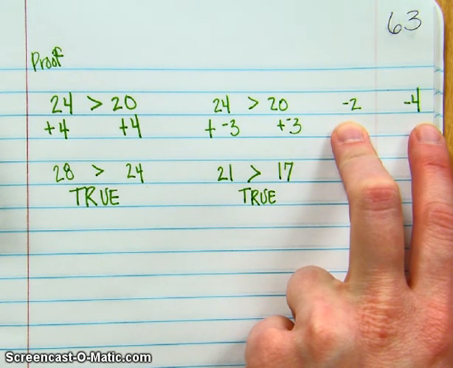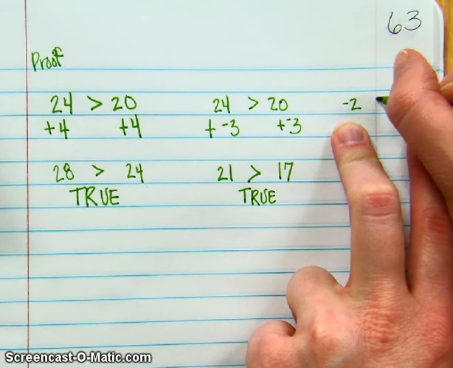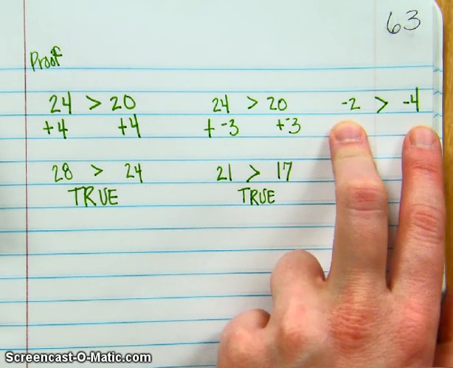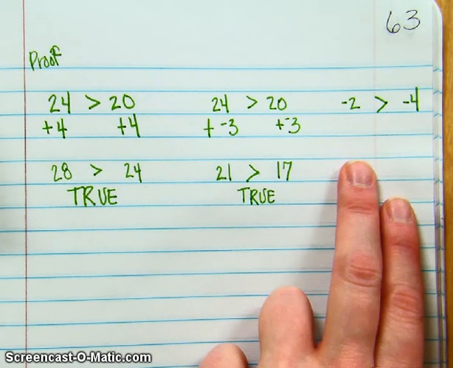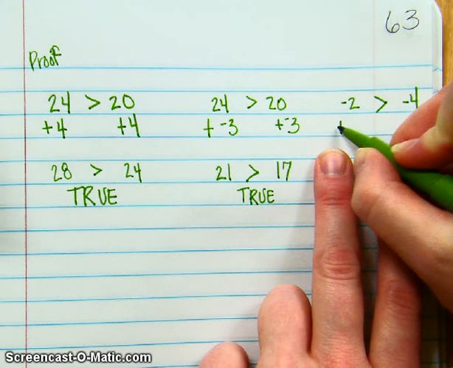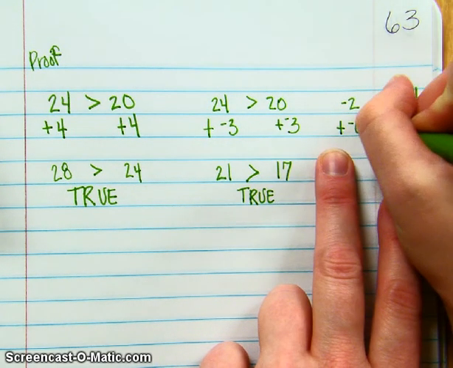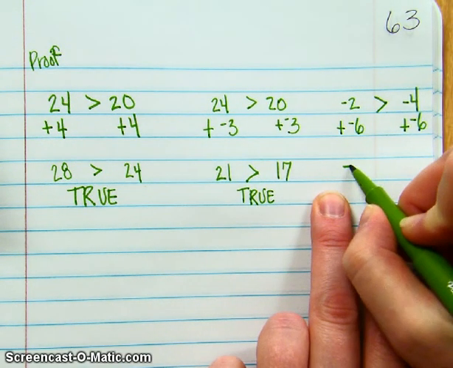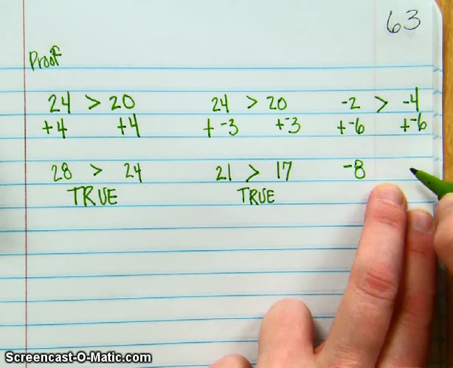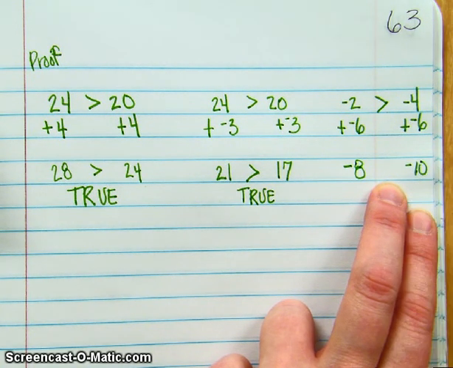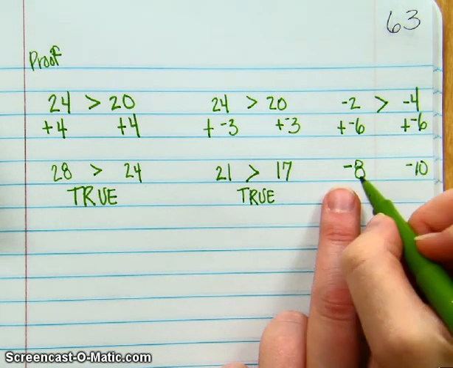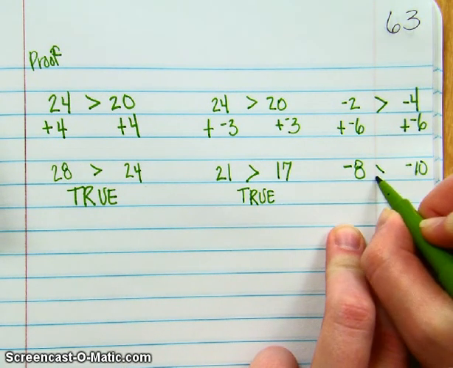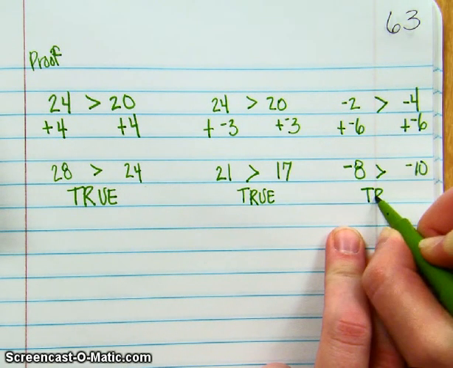The sign that belongs between the two of those. It's better to owe $2 than it is to owe $4. So if I added another negative 6 to those numbers, this is negative 8 here. This is negative 10 here. It's better to owe $8 than it is to owe $10. So this is still true. Negative 8 is still bigger than negative 10.